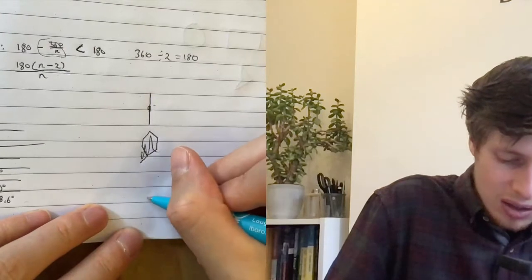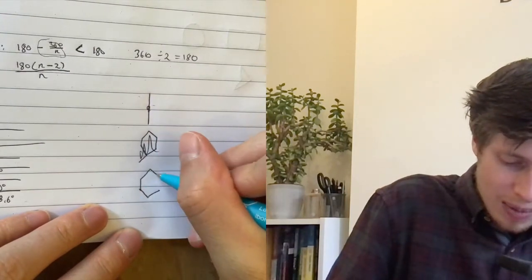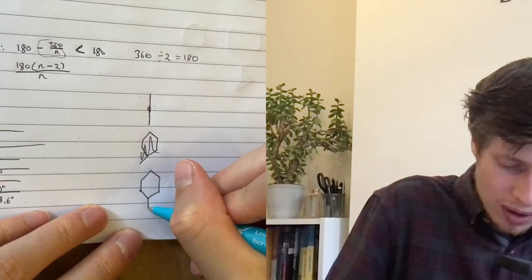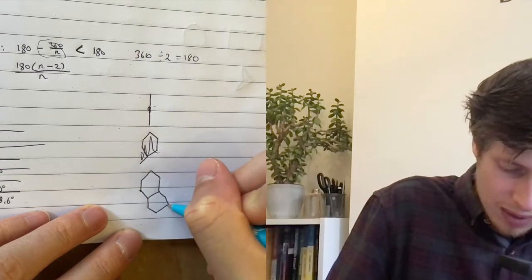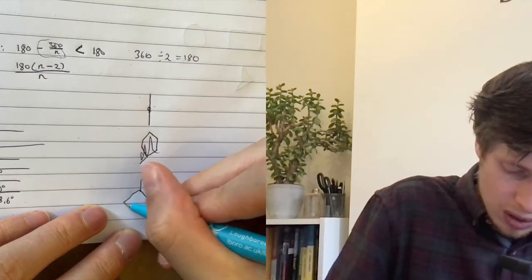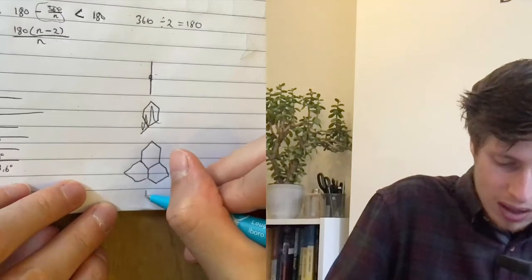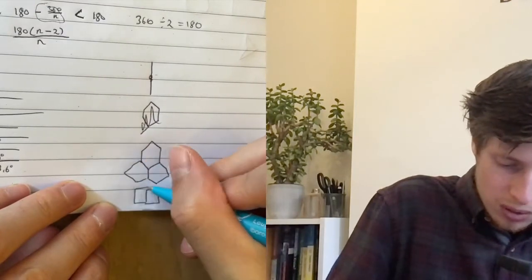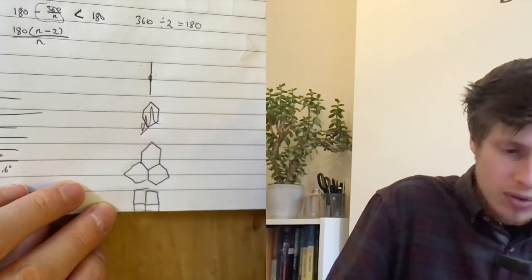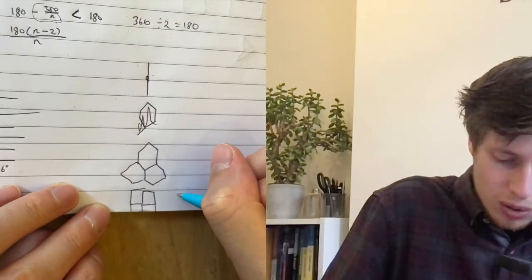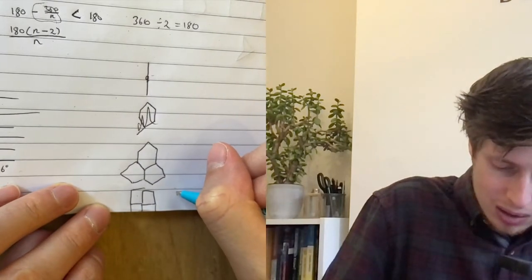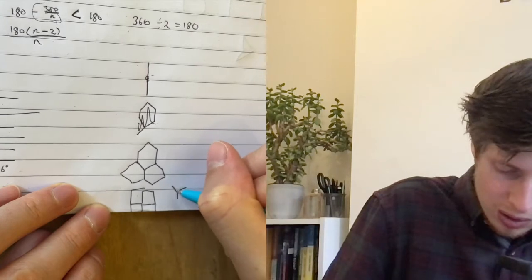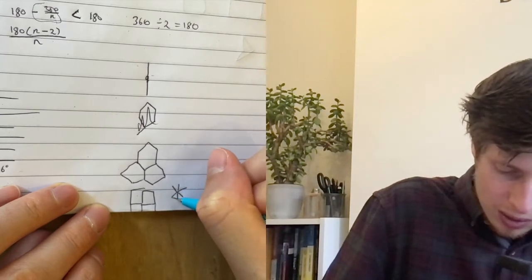Okay, we've seen a hexagon can tile at 3 different points, and we've seen that a square can tile at 4 different points, and we've seen that a triangle can tile at 6 different points, okay?